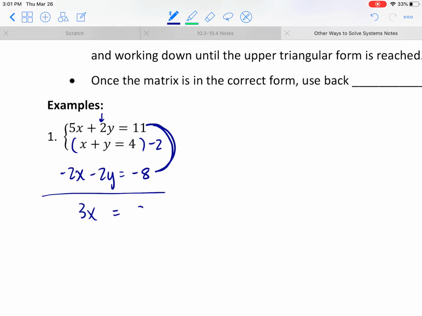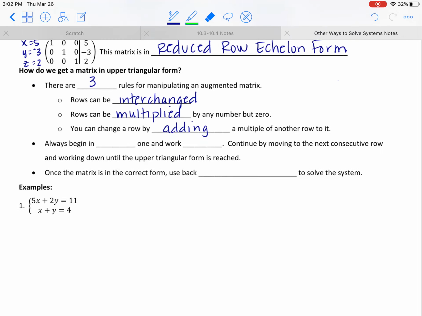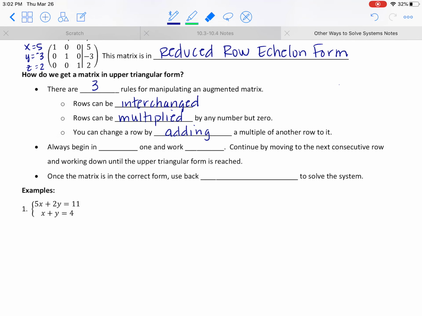Well, then I could add these 2 rows together, and I get a new equation. I get 3x equals 3 here. Okay, so it's the same concept with matrices. I can multiply a row by a number, and then I can add it to another row to get a new row, all right, where the y's zero out here. So same rules we use in elimination, just looks a little weird when we're dealing with the rule in a matrix and we've taken the variables away, okay?